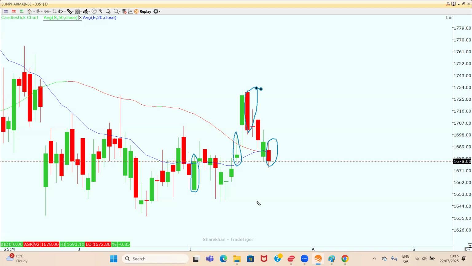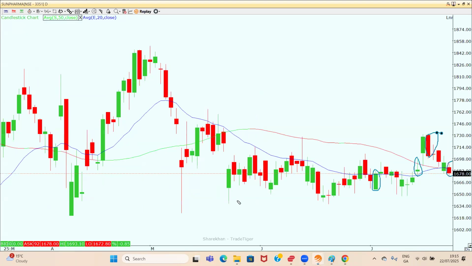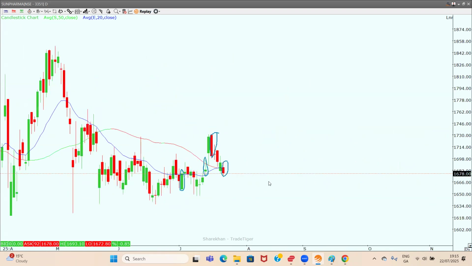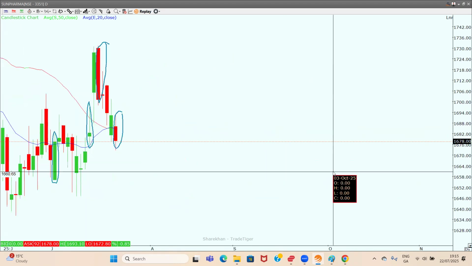Now, even though there is a definition attached to it, as and when you go into this and study more, that's not a definitive definition. You're not going to take a marker and see how much is the body part. You will see it in real time when you are learning the chart, how much price has moved.